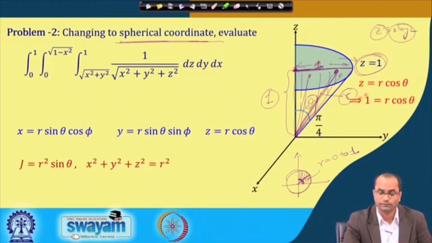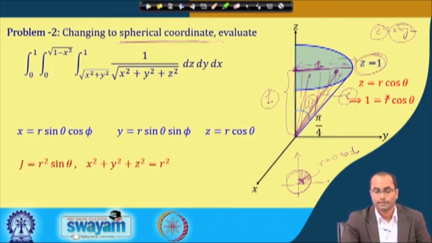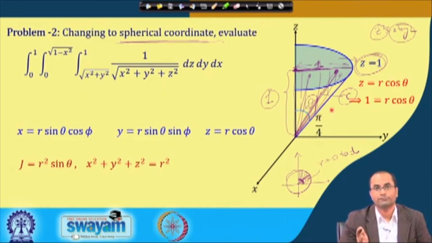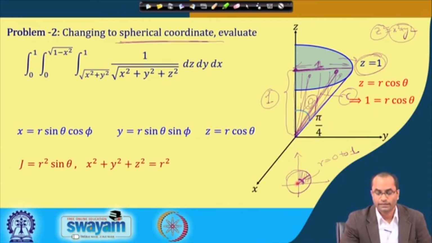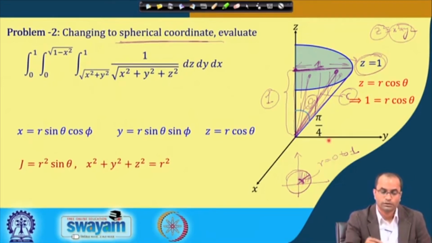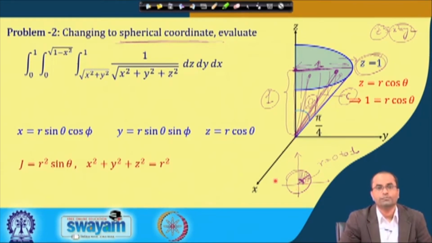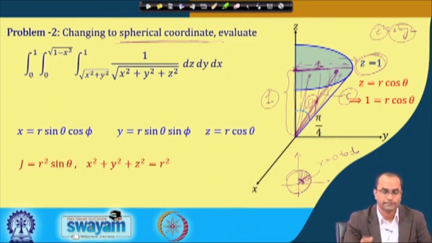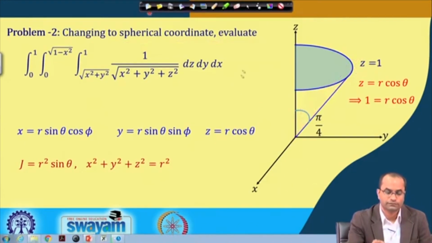So, r will be given by 1 over cos theta, and theta we have discussed already 0 to pi by 4, and for phi we have discussed that it will go from 0 to pi by 2. So, this was for r, phi and theta we have discussed for all.